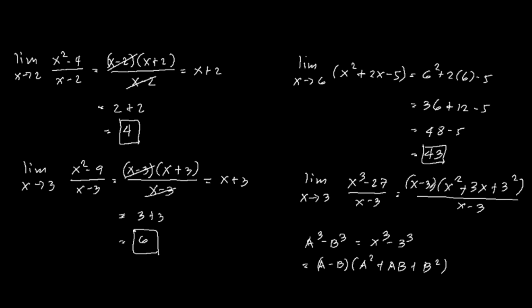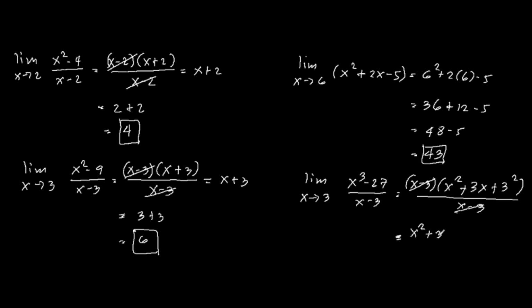Then we have similar terms in the numerator and denominator, so we cancel out x minus 3 and x minus 3, and the remaining value is x squared plus 3x plus 9.